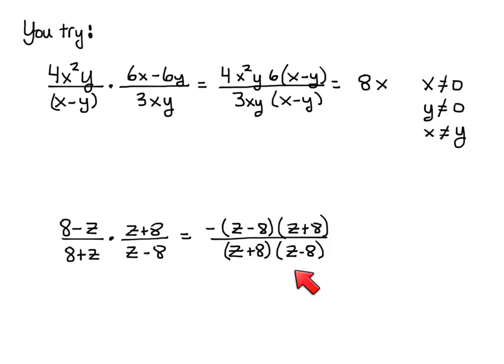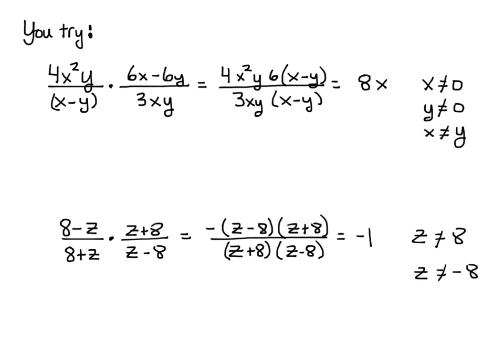So now we can compare, and we have z plus 8 in both the numerator and the denominator, and z minus 8 in both the numerator and the denominator. So this one equals -1, but z can't be 8 or -8.